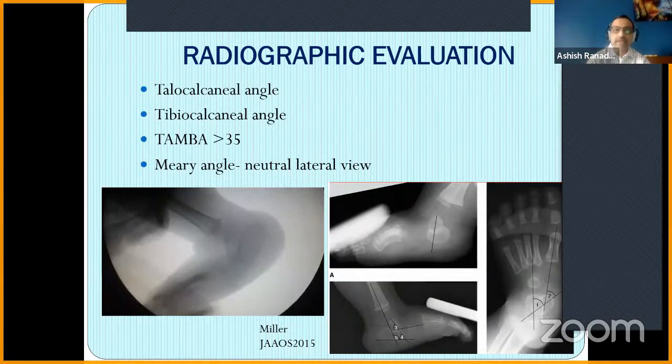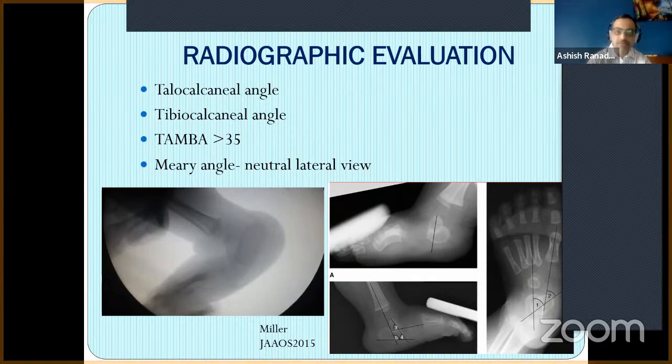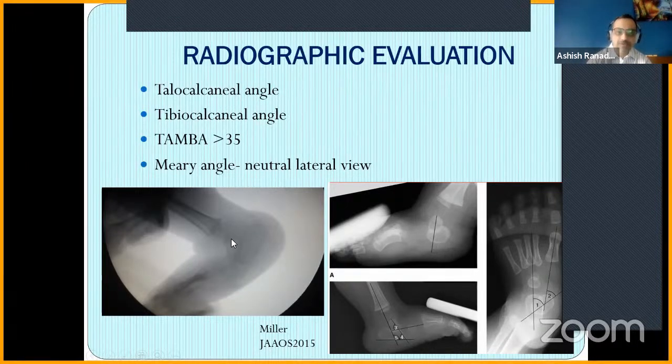So certain angles are measured, and as you know, at early stages, the bones may not be visible. The navicular and the cuneiforms do not appear till 3 months of age. So practically, the angle between the long axis of the talus and the first metatarsal, they should line up or be parallel to each other. That's called Meary's angle.